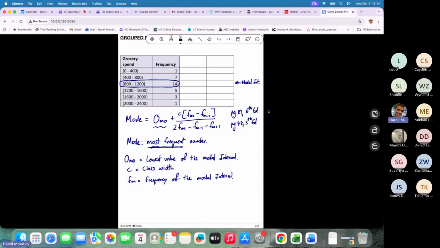And then you have FM minus 1. This is just the frequency of the interval before the modal interval.